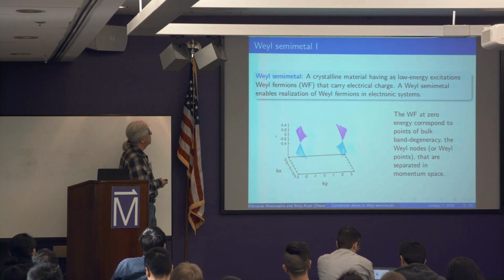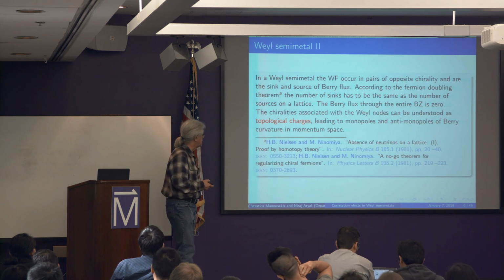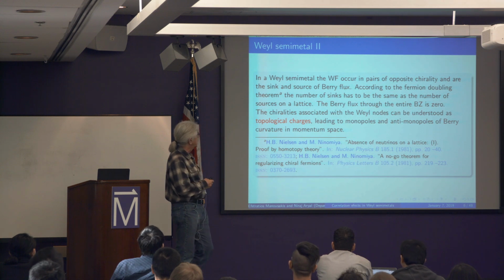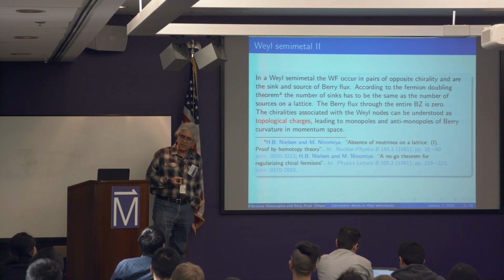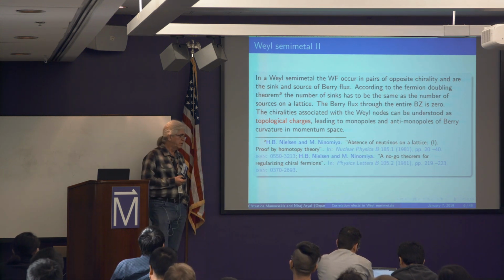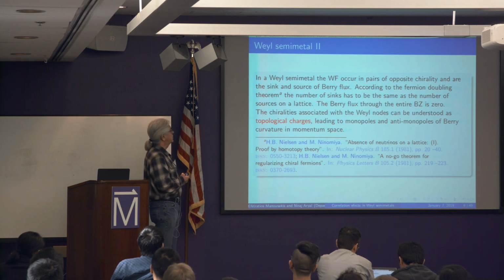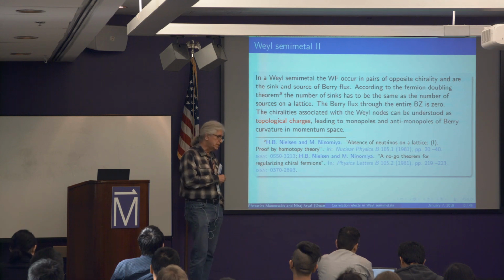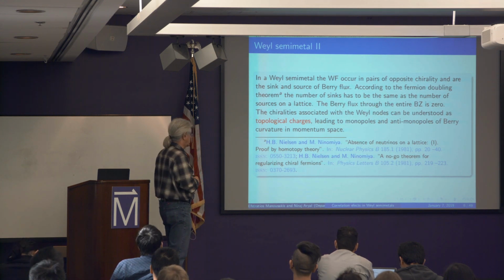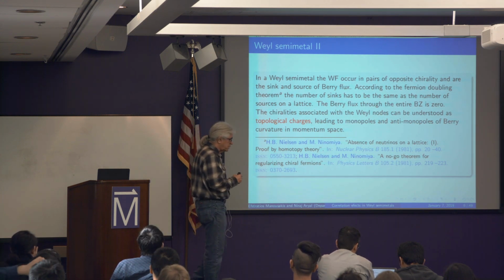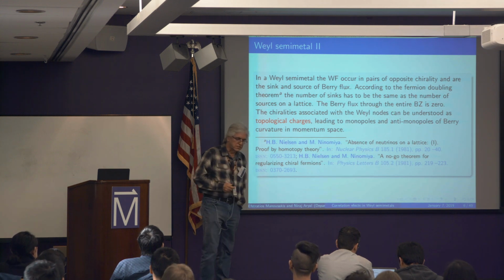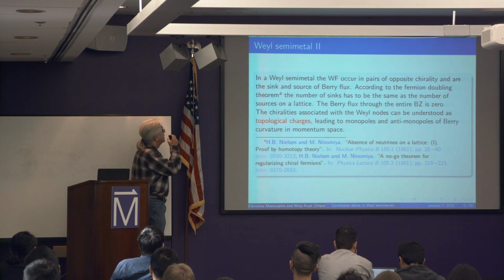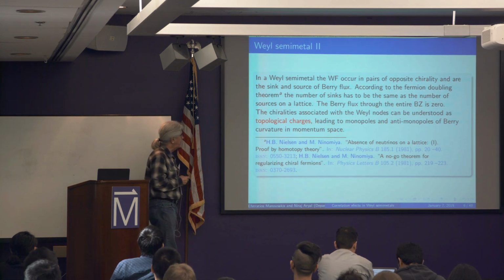But the main thing about them is that they occur in pairs. The reason for that is that the opposite chirality Weyl fermions are sources and sinks of Berry phase, and because the net Berry phase across the Brillouin zone has to be 0, you always have them in pairs.